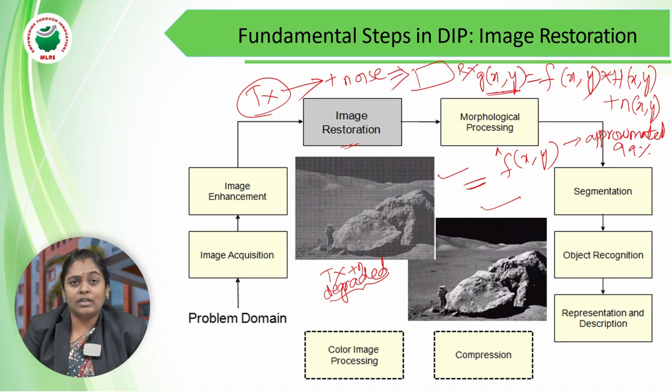We have different restoration filters depending upon the knowledge which we have. Meaning if we know how much noise has affected that image and how much blurring is there on that image, we will use an inverse filter. So depending upon the amount of knowledge about the degraded image, we have different types of filters, which we study in unit 3. So by using image restoration filters, the degraded image is converted into an approximated image which is 99% equal to the original image.